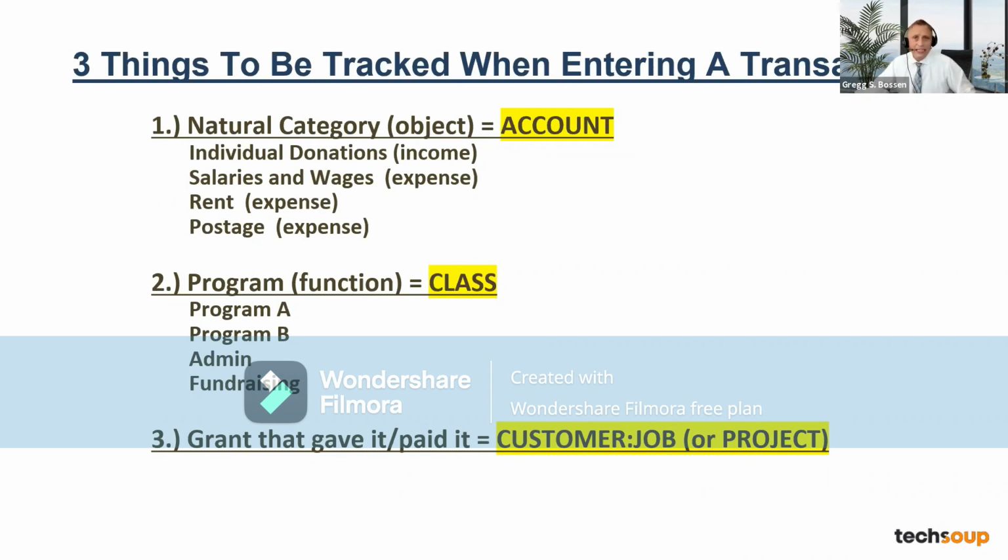And it's something that I'm going to be teaching. I have a restricted grants webinar that's coming up in December, but I am also going to be teaching it in November. But projects are basically customer jobs in the online edition. All right. So if you've been putting your grants in the class list, start with the next new grant, put it in the customer job list and start tracking it that way.